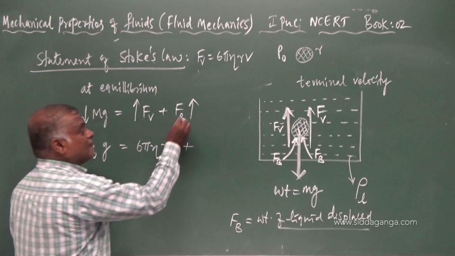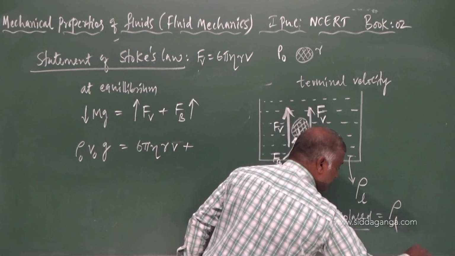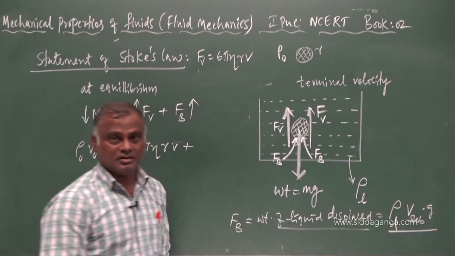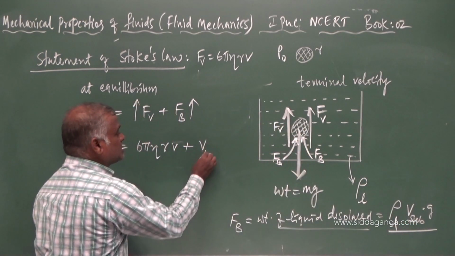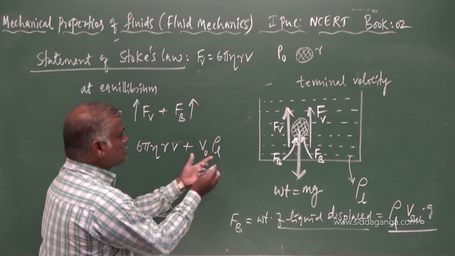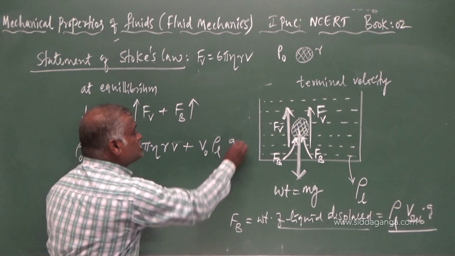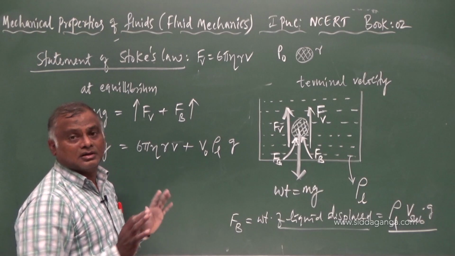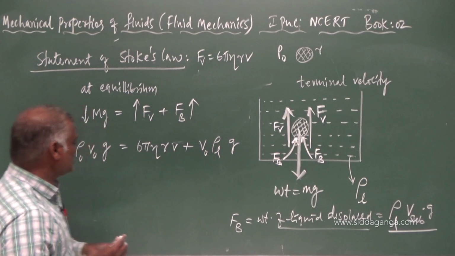Weight of the liquid displaced is density of the liquid, volume of the submerged object, into g. Remember this: V, volume of the submerged object, completely submerged here, into density of the liquid gives the mass of the liquid displaced. Mass of the liquid displaced into g gives the weight of the liquid that is displaced, that is upthrust, the buoyant force. After arranging this, you get the answers, my dear students.